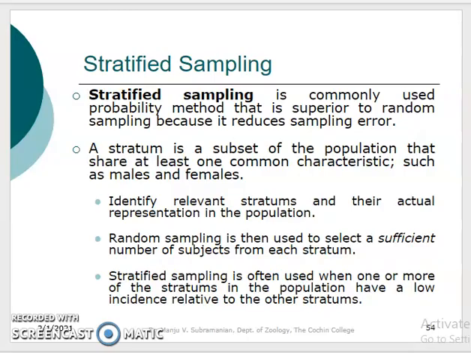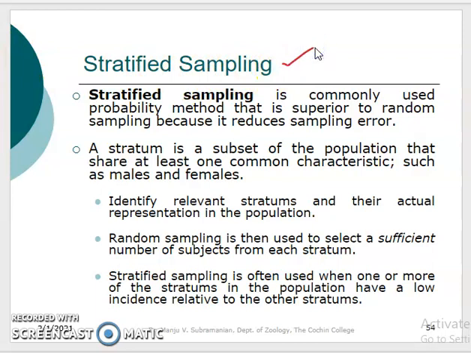Stratified random sampling is a type of probability method that is superior to simple random sampling because it reduces the sampling error. This method is followed when a population is not homogeneous. That means if a population is heterogeneous, then we use stratified sampling.